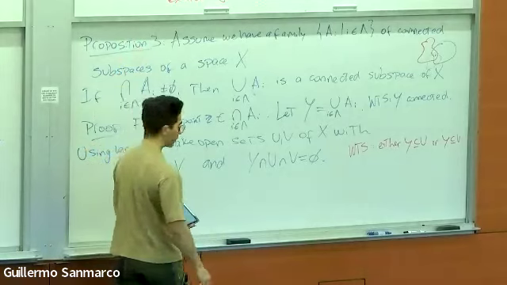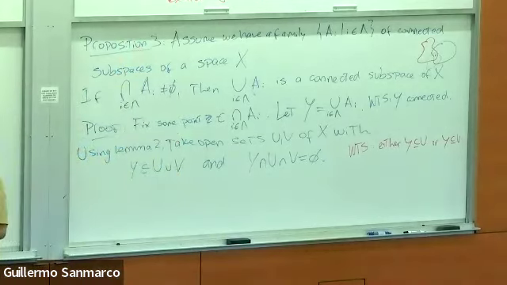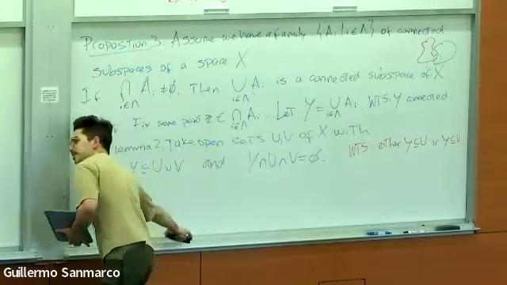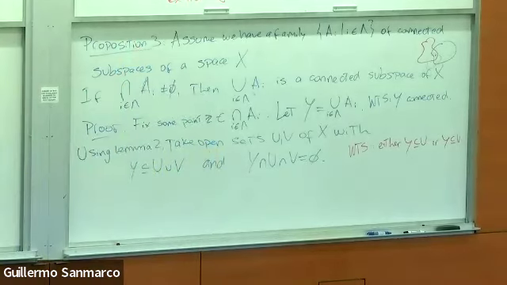Okay, is it clear? This is what I want to show. Maybe think about what I just said while I erase this. Those statements are stronger than they seem. Not only does Y need to be inside one of them, it also needs to intersect the other one trivially. And that's just going to be a consequence.